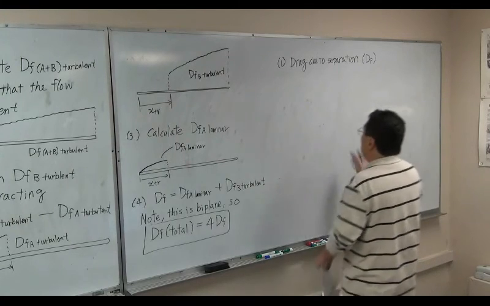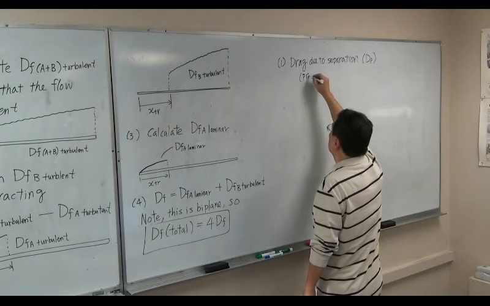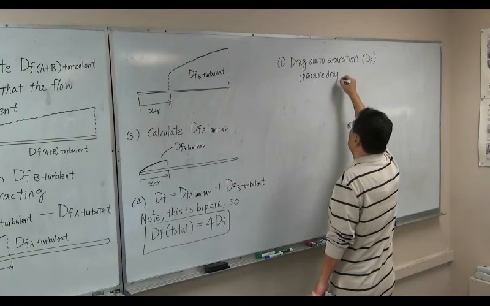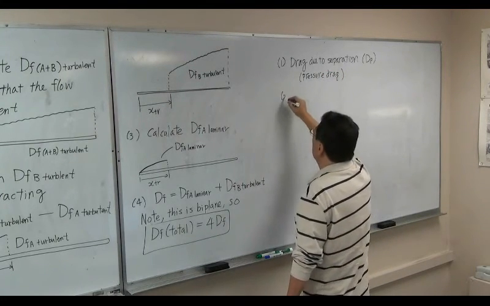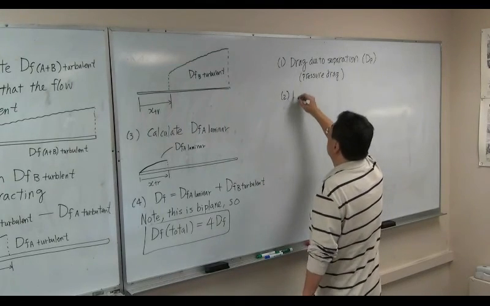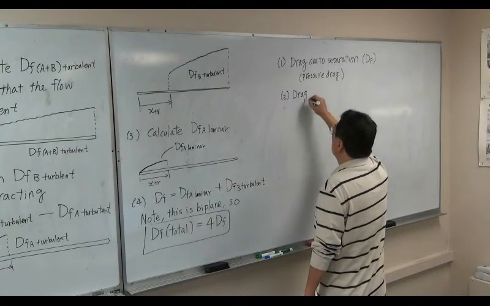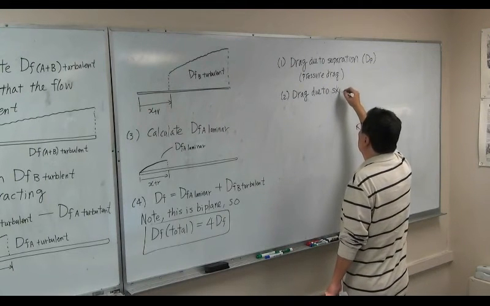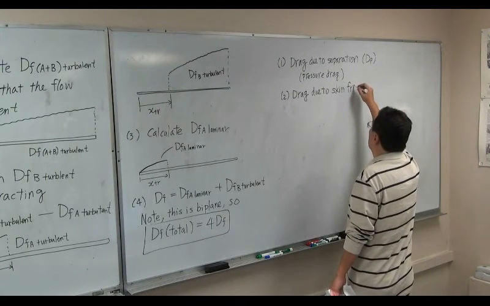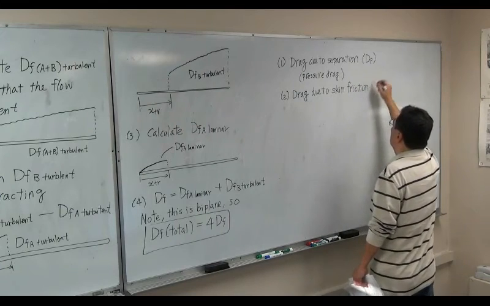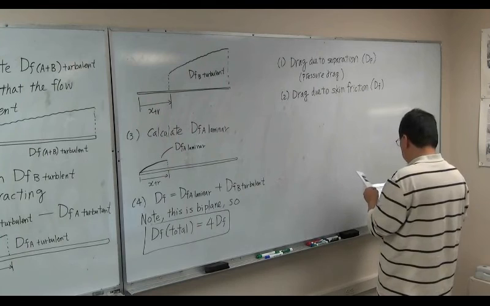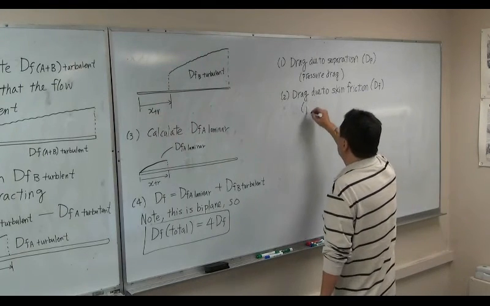And this is called pressure drag. Number 2 is, of course, drag due to skin friction. This is called dF. This is called parasite drag.